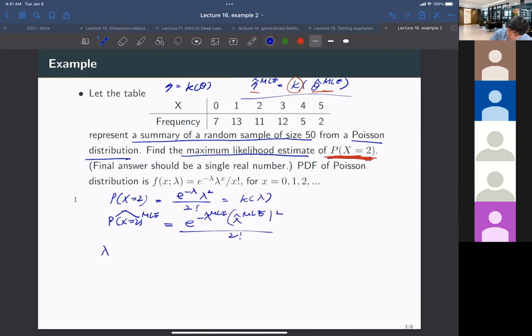So the key is to find this lambda hat MLE. So let's find this.